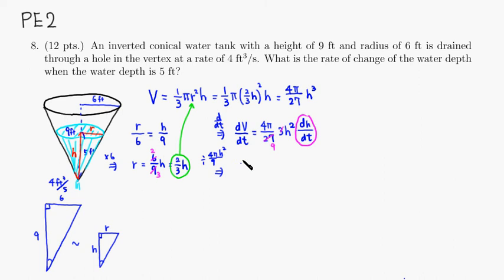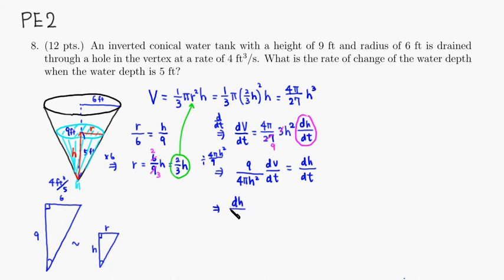So you're going to get 9 over 4 pi h squared times dV over dt is equal to dh over dt. All I did was, instead of dividing by 4 pi h squared over 9, multiply by 9 over 4 pi h squared, just the reciprocal, which is equivalent.